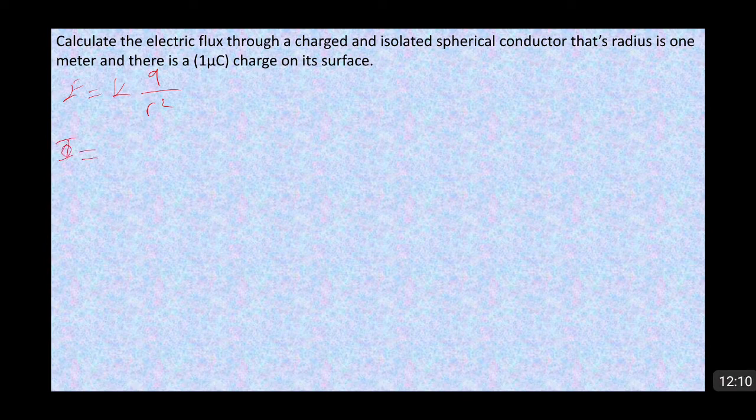equals electric field multiplied by area. But it is given in micro, so we must change micro to coulomb. Micro means 10 power negative 6. Also, the radius is 1 meter for the spherical conductor.